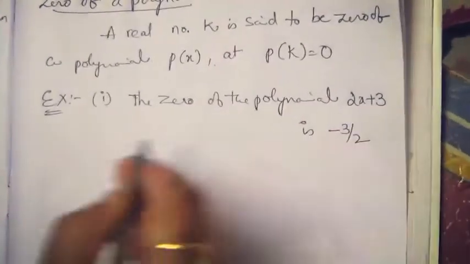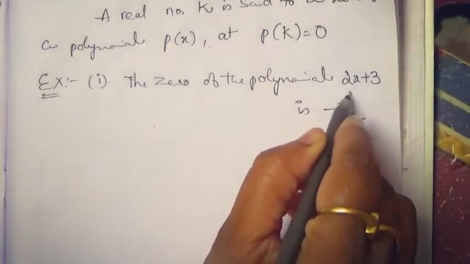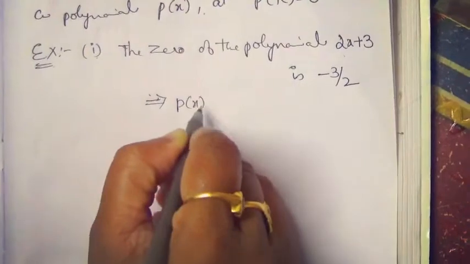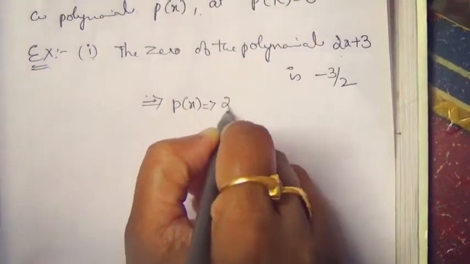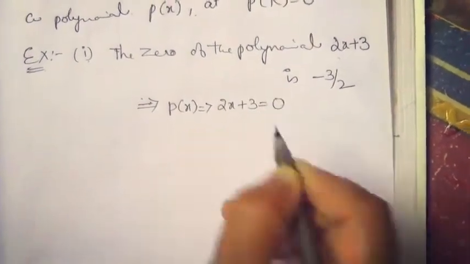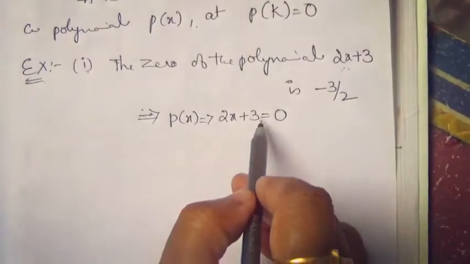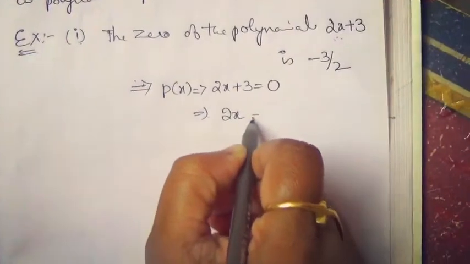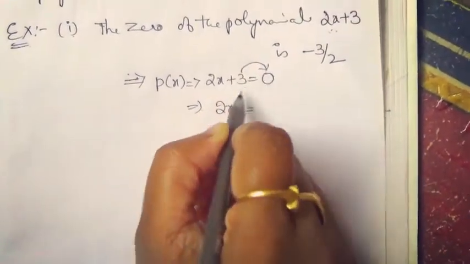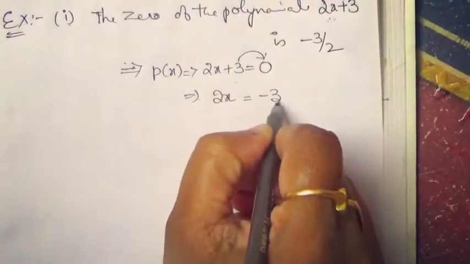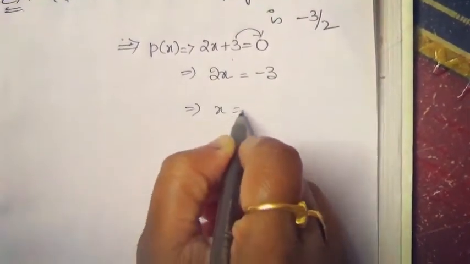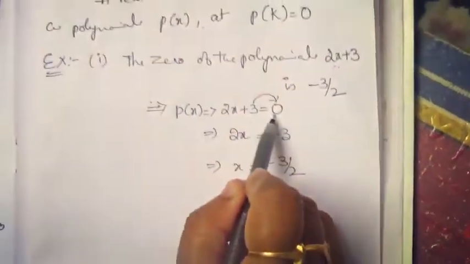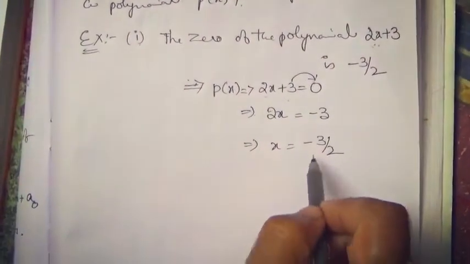Okay, 0 of the polynomial means you just equate this polynomial to 0. p of x is equal to, that implies 2x plus 3 is equal to 0. So that implies 2x is equal to minus 3, that is x is equal to minus 3 by 2.